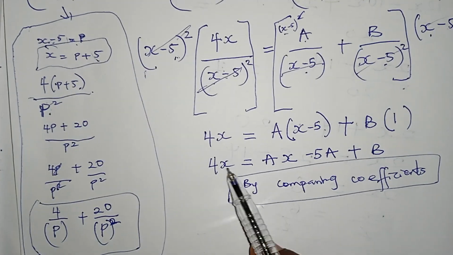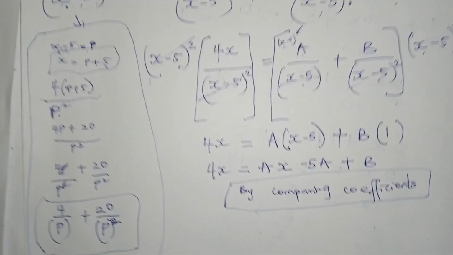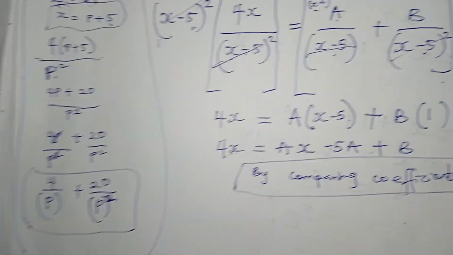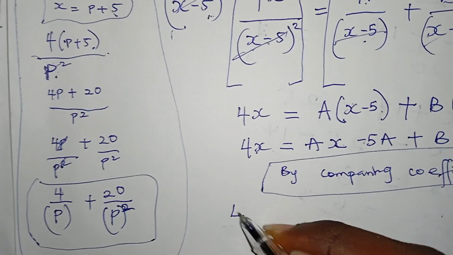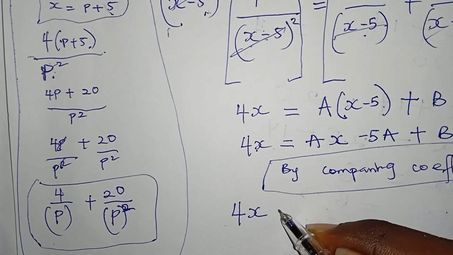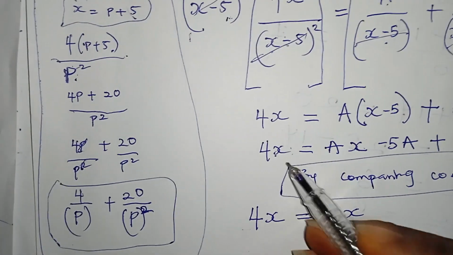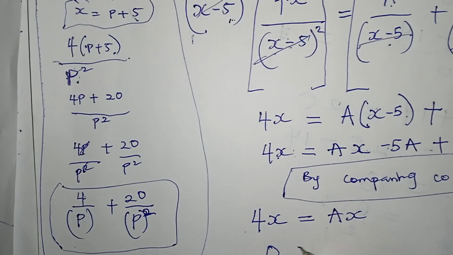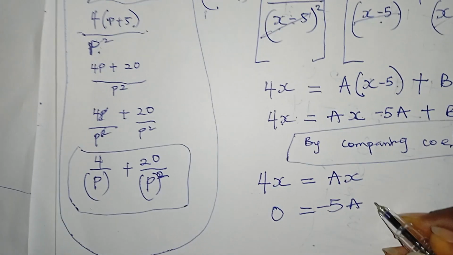Anything that does not have x, consider it to be a constant. So this becomes the same thing as saying 4x is equal to ax. On the left hand side we have no constant, so we say 0 is equal to minus 5a plus b.